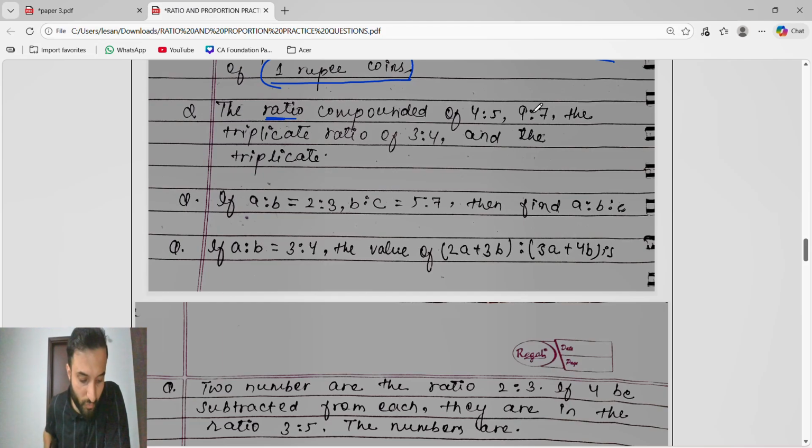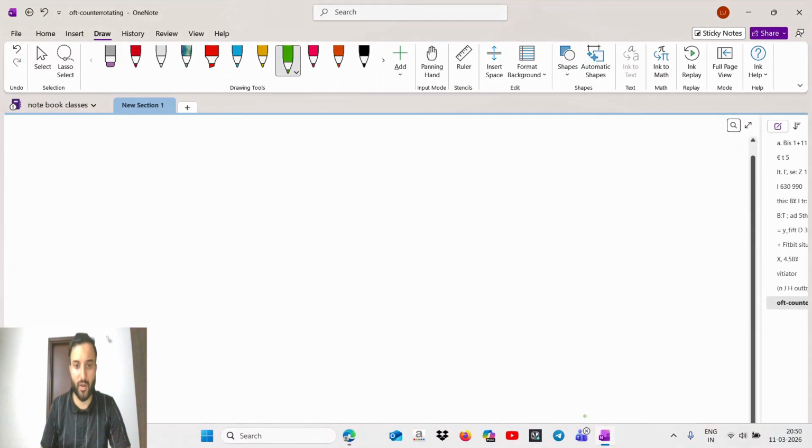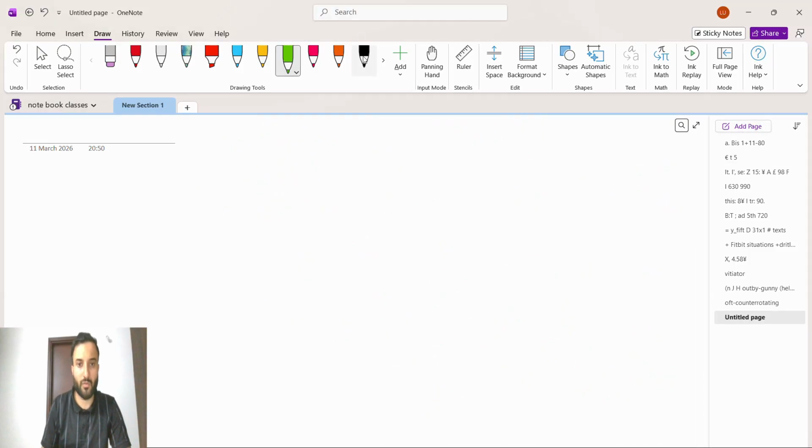The ratio compounded of 4:5, 9:7, the triplicate ratio of 3:4, and the triplicate ratio of 2:3 is... guys, what we have to find is the compounded ratio.